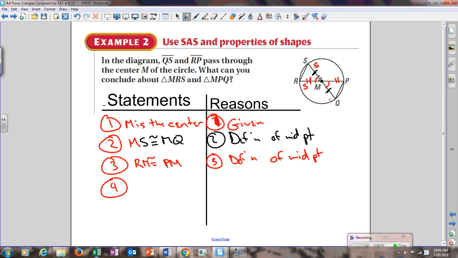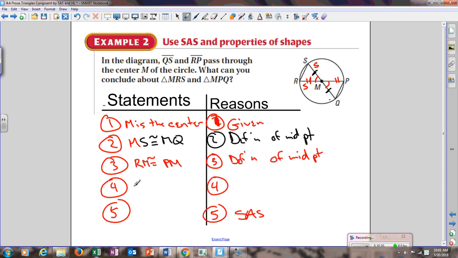It's got to be included, so it's got to touch both sides. So now I have side, angle, side, that's congruent to side, angle, side. So it's kind of your giveaway for step 5, reason: SAS.